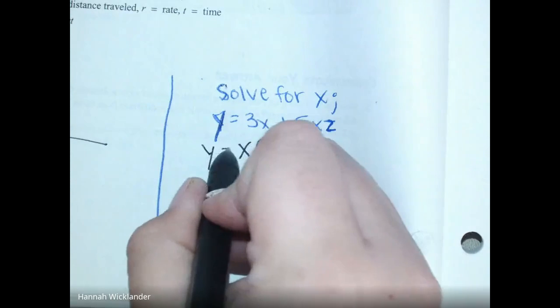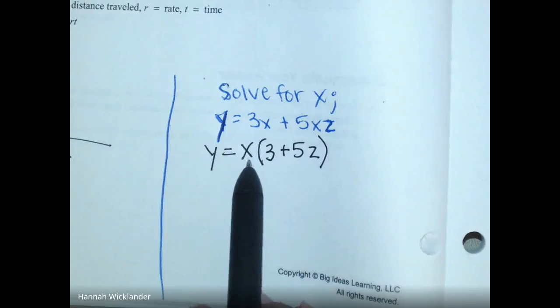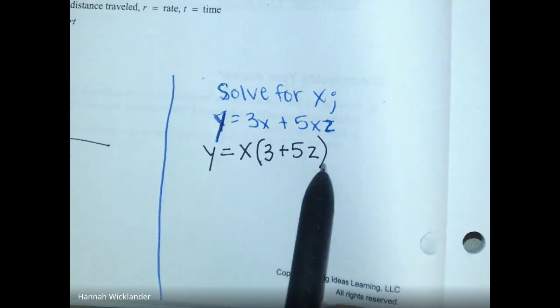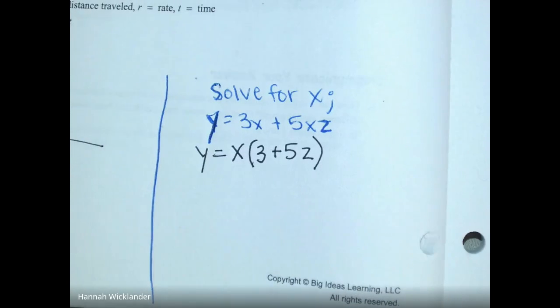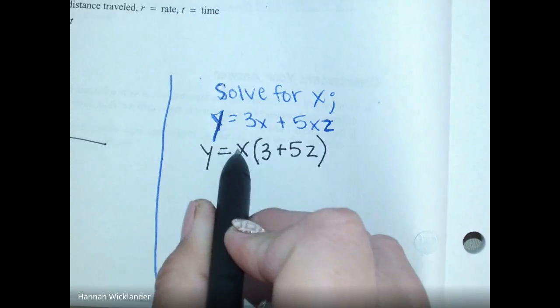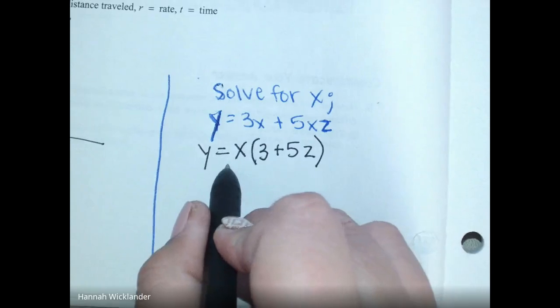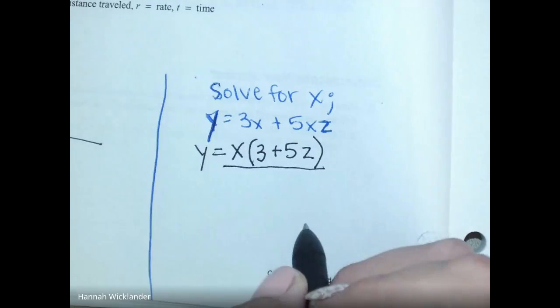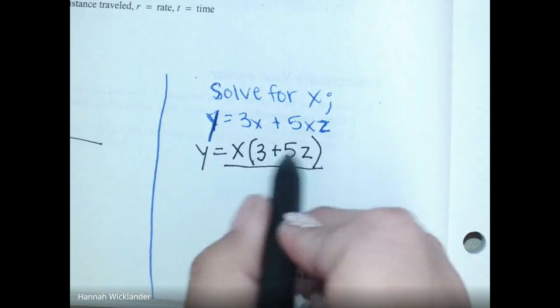My y equals stays. So now the x is being multiplied by the 3 plus 5z. And so to move that part to the other side of the equation, I'm going to do division because that is the opposite of multiplication. So I'm going to do the opposite of multiplication, which is division, to get rid of this parentheses.